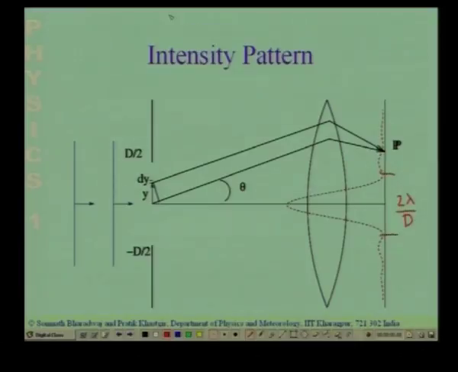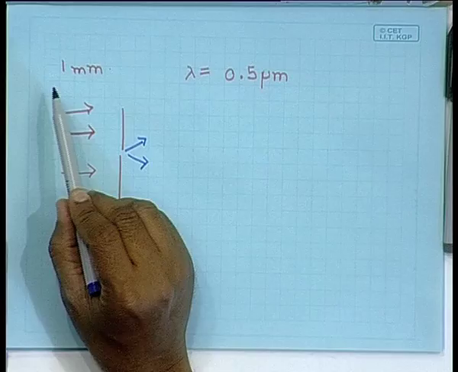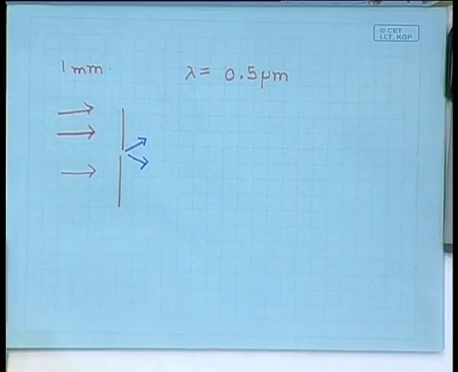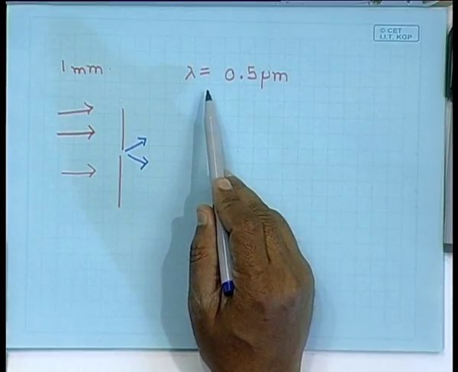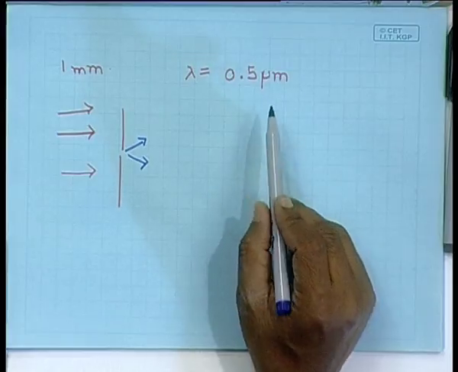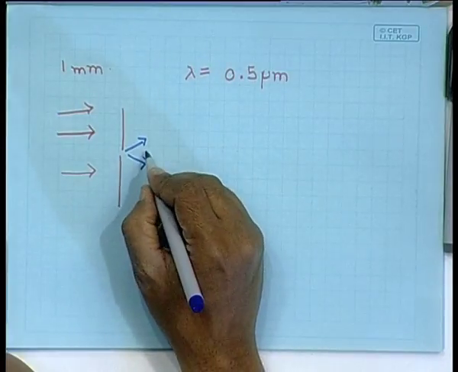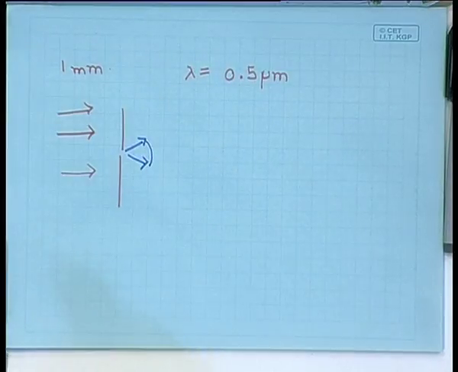This gives us an estimate of the spread in the wave after it comes out through the slit. So, the question is that for a slit which is 1 millimeter in size, into which we have sent a plane wave with wavelength 0.5 micrometer, what is the spread in angle of the wave that comes out from the slit.